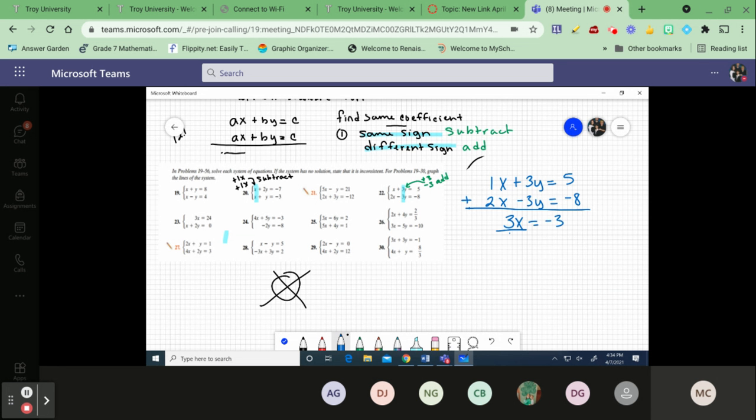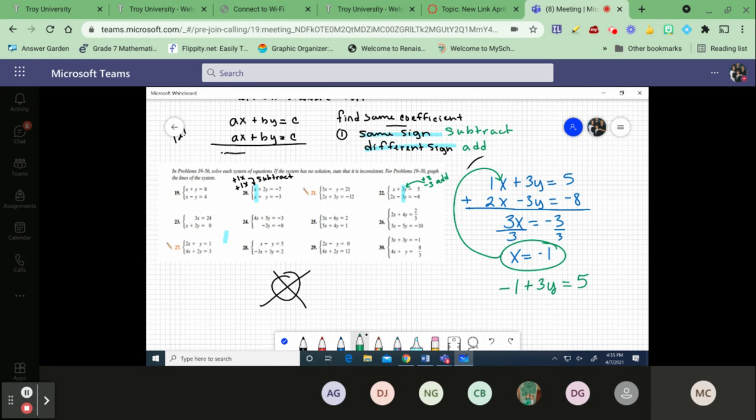Okay, again, I've got x. I'm going to plug it in. And where you plug it in is going to be completely up to you. Whichever one, do a little math in your head and decide whichever one you think is going to be easiest. So I have negative 1 plus 3y equals 5.